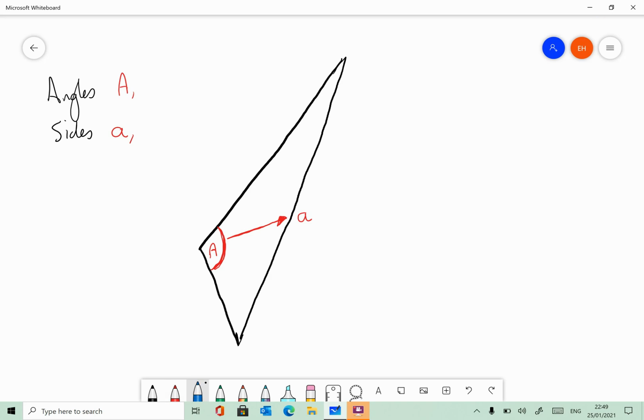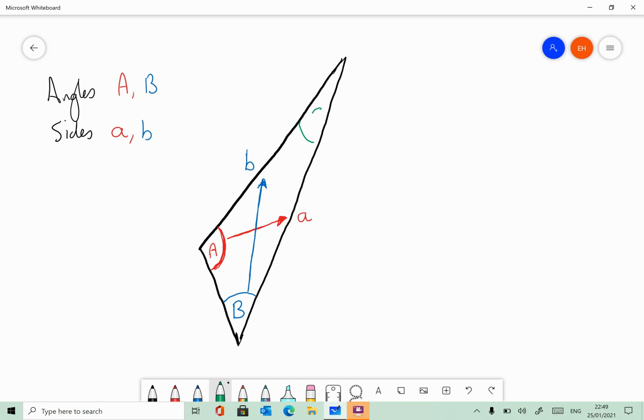Similarly, if I call this one here B, then the side opposite, going through the triangle, I call lowercase b. So there's the angle B and there's also the side b. The angle is the uppercase B and the side is the lowercase b. You're probably able to guess what's going to come next.